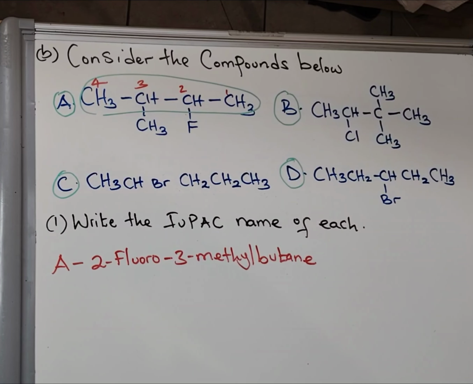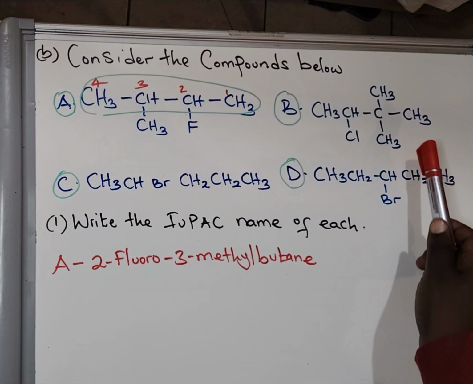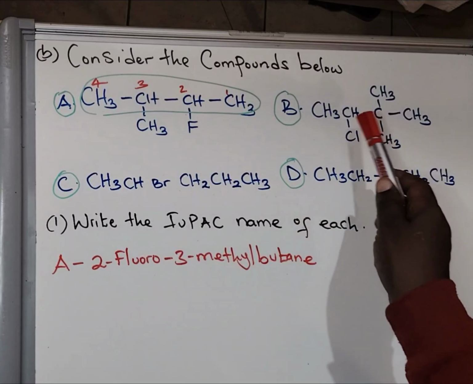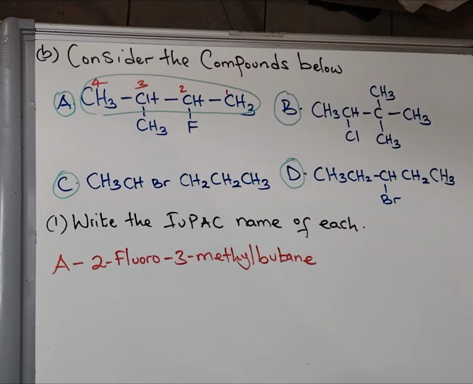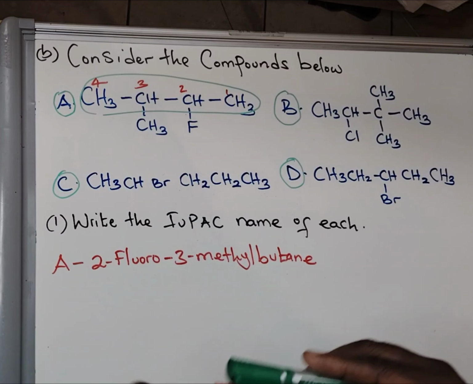So we go to B. With B, you have a halide here, and you have the methyl groups there. And remember, the halide doesn't have any special entry compared to the methyl group, though when we are naming, it must come first.